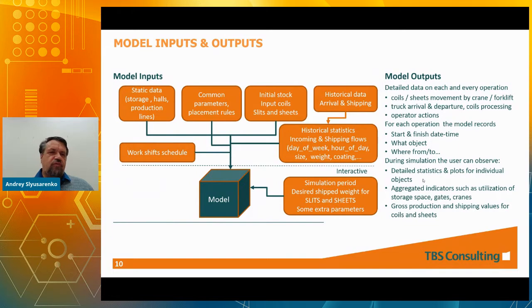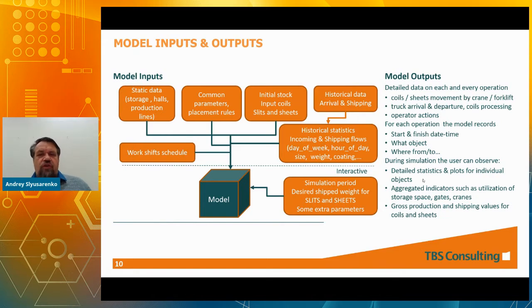Regarding model inputs and outputs, the input data can be divided into two parts. The first part is so-called static data, and they depend only on the configurations such as number of production lines, topology of coils, paths for trucks, and so on and so on.